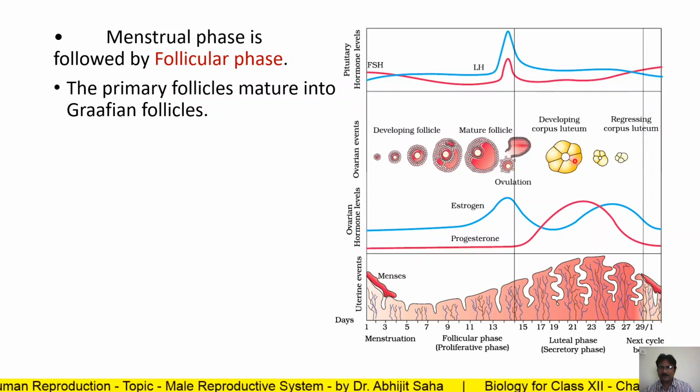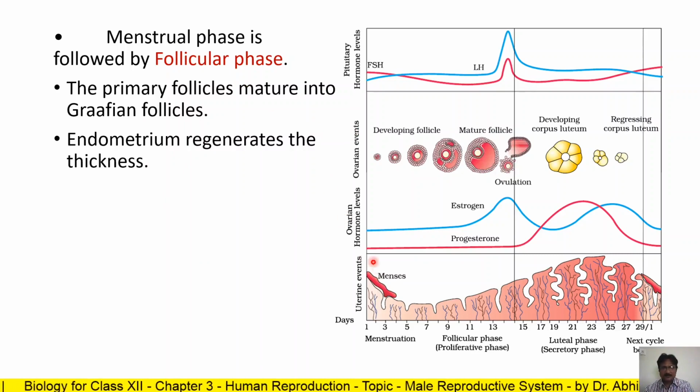The corpus luteum synthesizes progesterone. That is why at this level the progesterone level is high. Both LH and FSH surge are very much required. See the peak nearing the 14th day. This 14th day surge is required for ovulation. So you have understood this part.